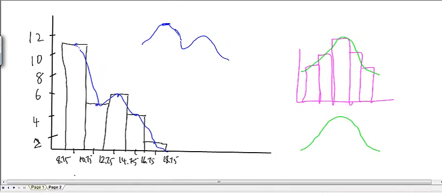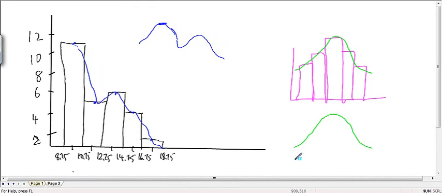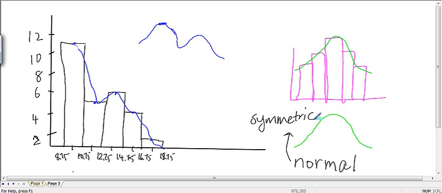This is a very special kind of distribution. We call this a normal distribution, okay? And it's symmetric, so you can see that it's symmetric. And it's not only symmetric, but it has a very specific shape. It's called the bell-shaped curve, okay, because it follows a very specific shape.